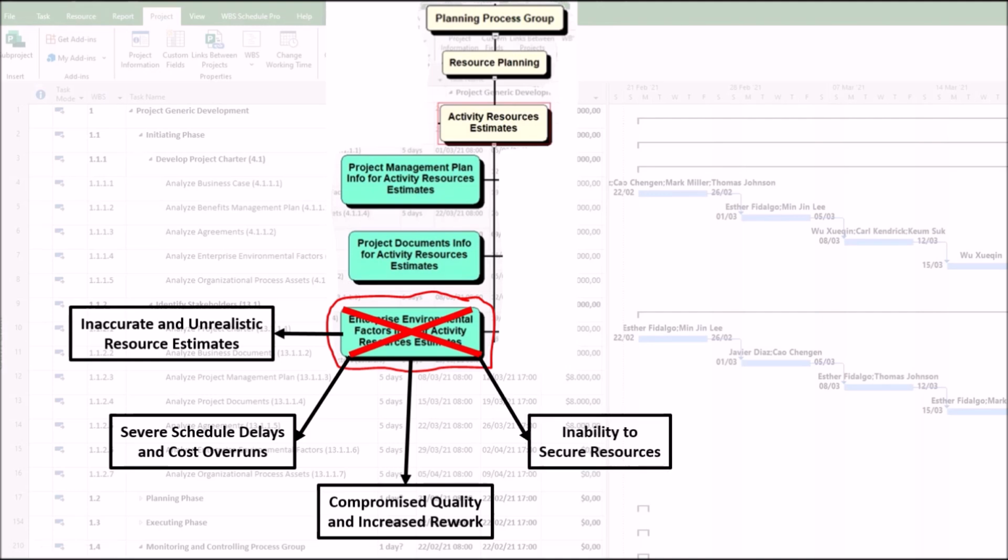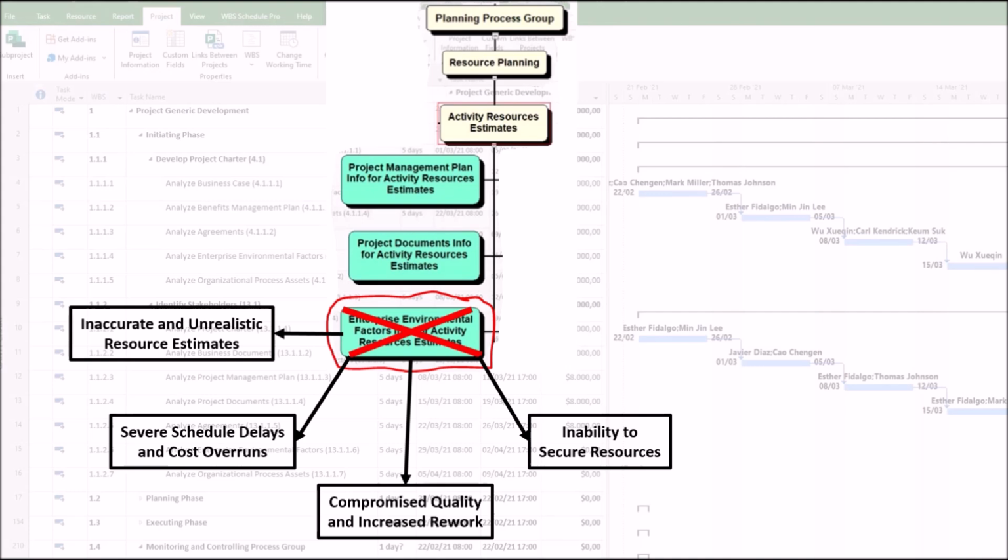4. Inability to secure resources. Your resource plan might look perfect on paper, but you can't actually acquire the resources. The problem here is that you budget for hiring 10 contractors, but you fail to consider, first, enterprise environmental factors, such as marketplace conditions.